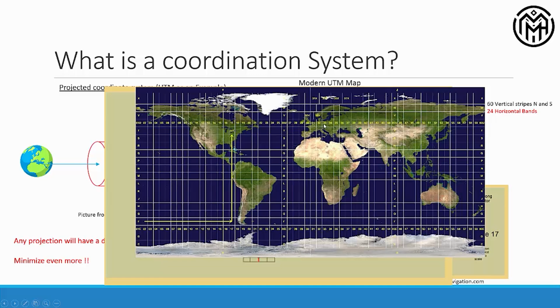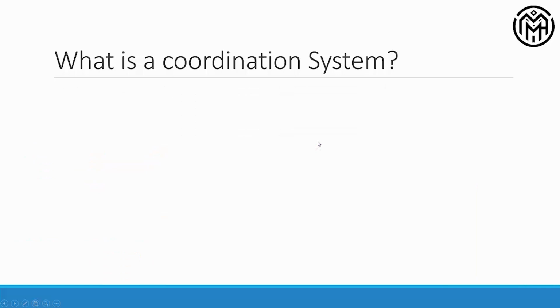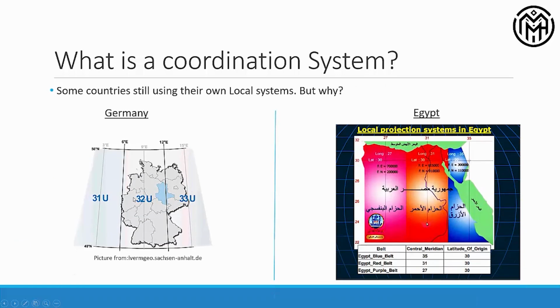So Germany is between 33 and 32, and a little bit of Germany, I think just a few cities on the western side, in zone 31. But anyway, depending on where you are located in Germany, you will use one of those coordinate systems.